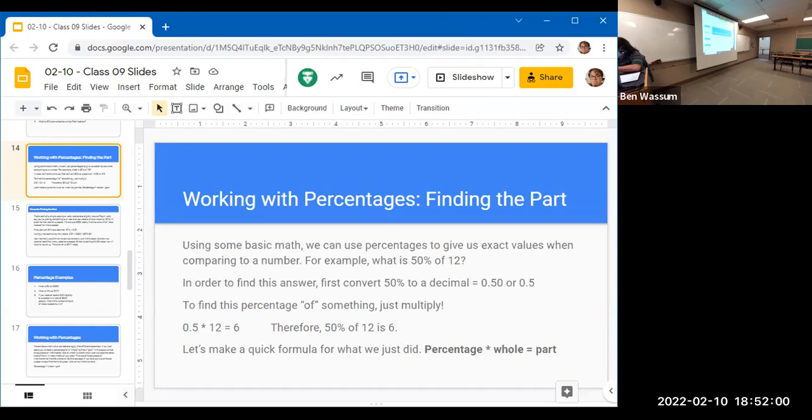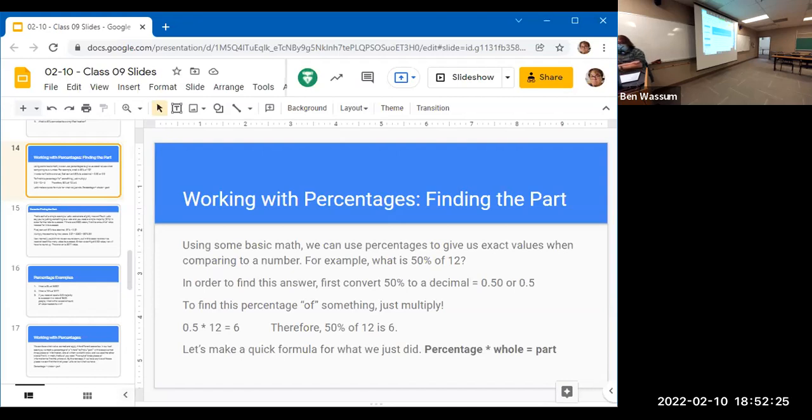And if you look at how that worked out, you end up seeing that if you take your percentage piece and you multiply it by the whole part of the number you're looking at, that is always going to equal whatever part it is that you're looking for.